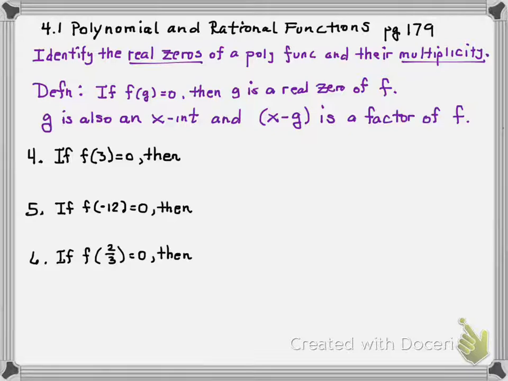All right, so for number 4, if f of 3 equals 0, then 3 is a real zero of f. Not only that, but 3, 0 is an x-intercept.